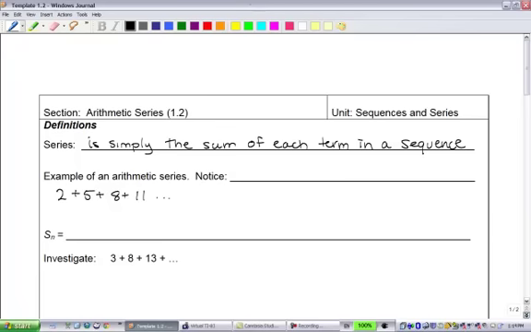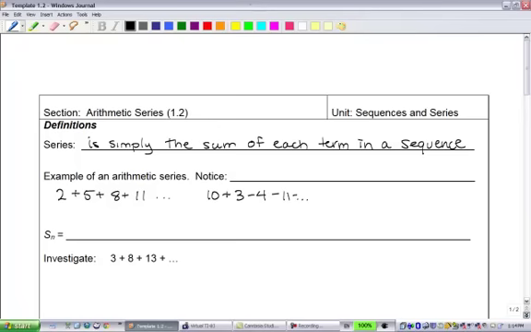There's an arithmetic series. We could also have a series which starts with a first term of, say, 10, and let's say we're subtracting 7. So the next term would be plus 3, then negative 4, then negative 11, etc.